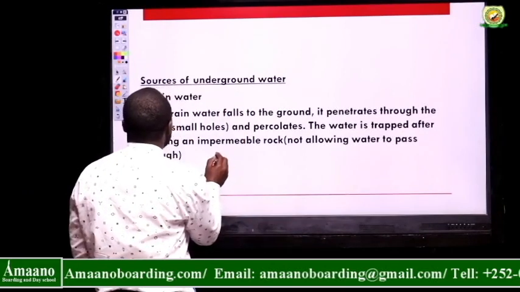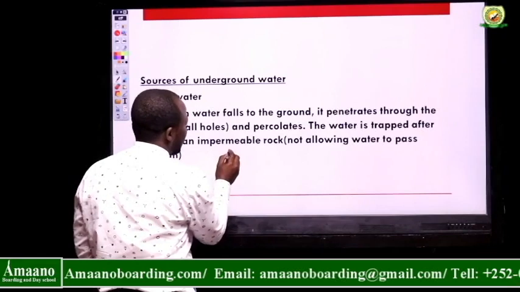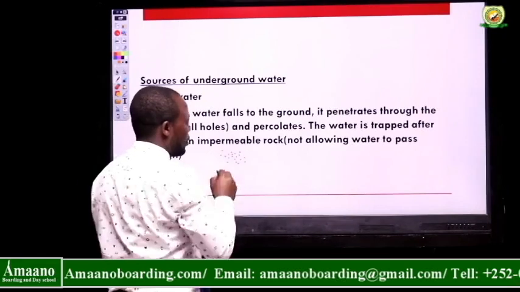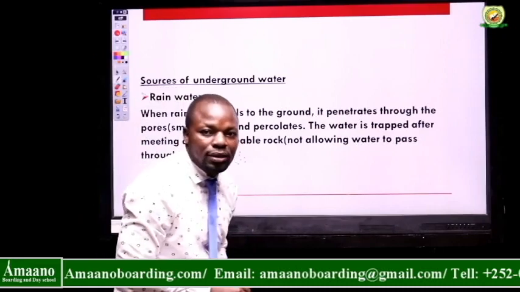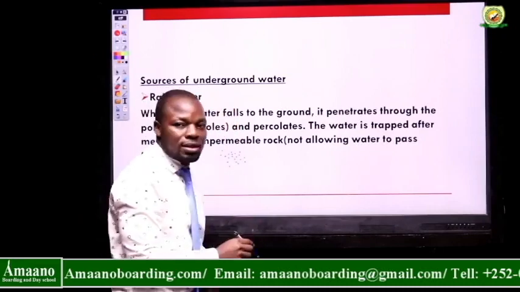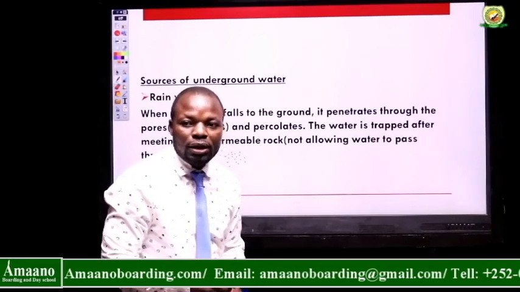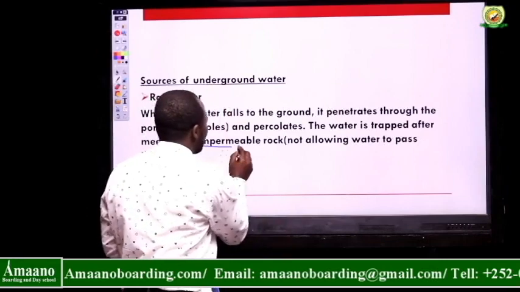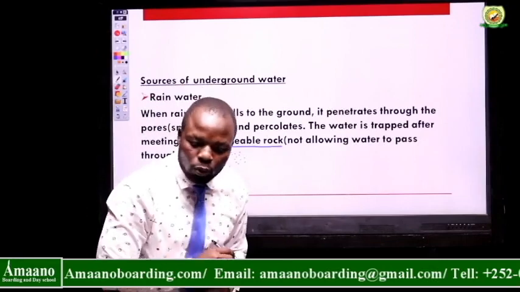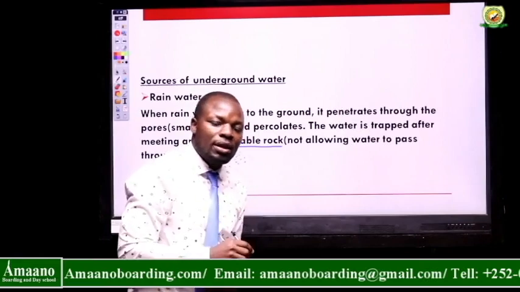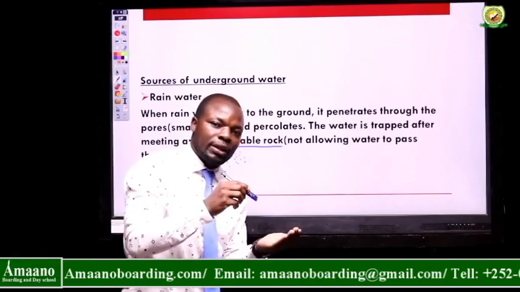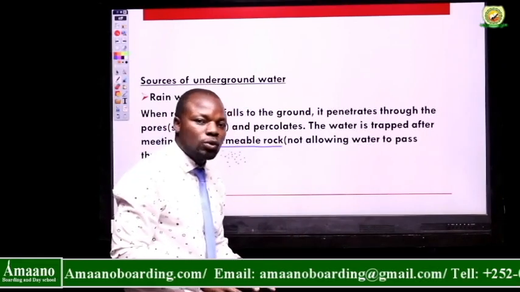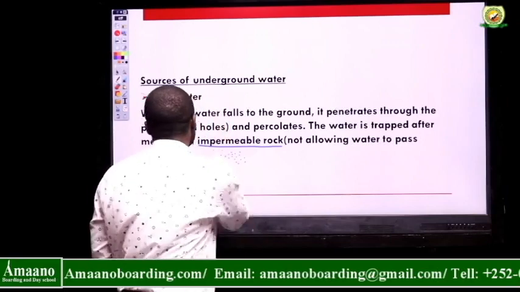Then it meets those small holes within the rock, and as the water goes down, it comes across an impermeable rock. When this water meets an impermeable rock, it will not continue flowing. It will stay there, and that will have formed underground water.